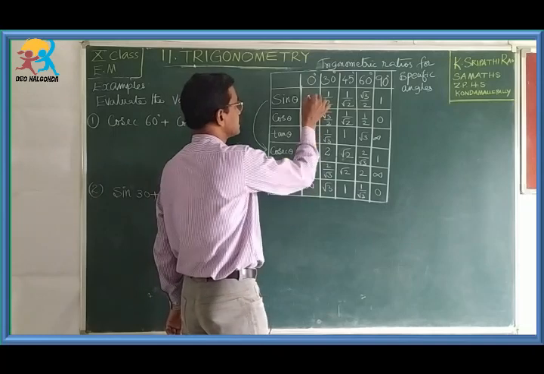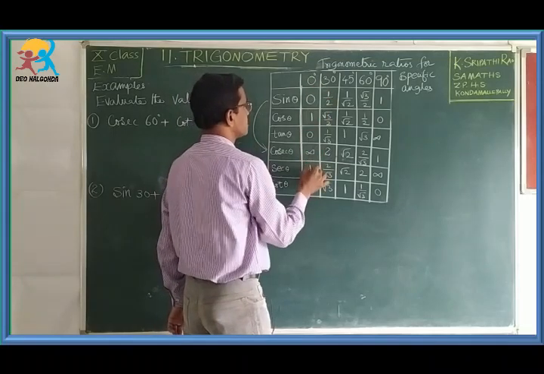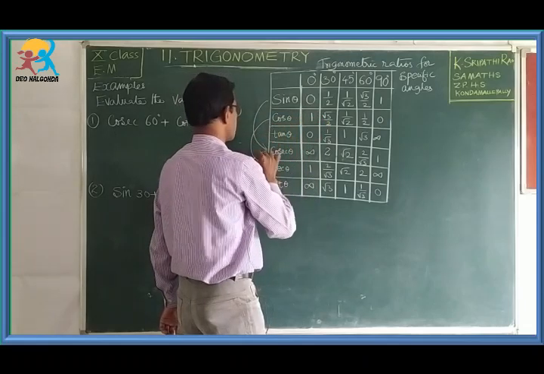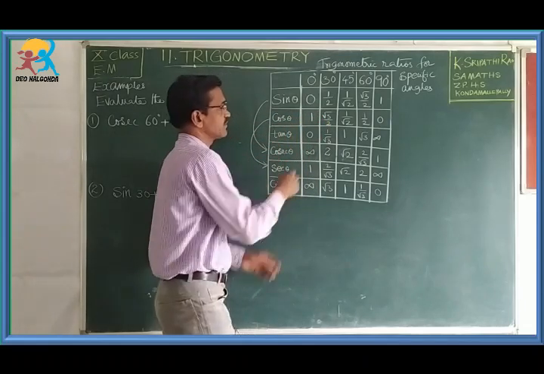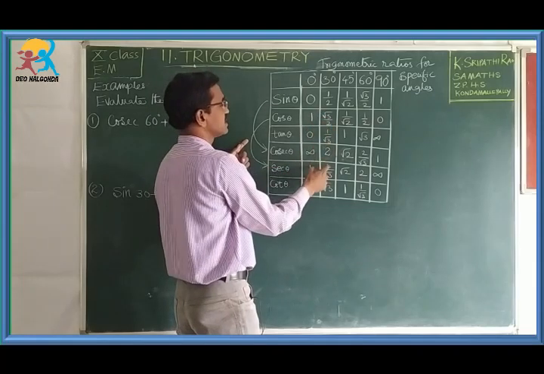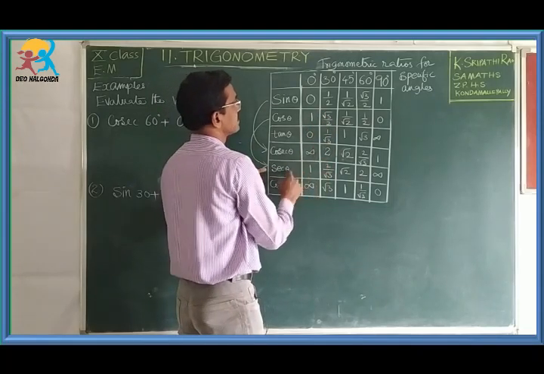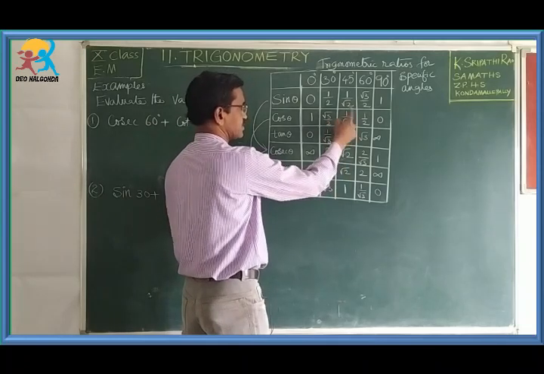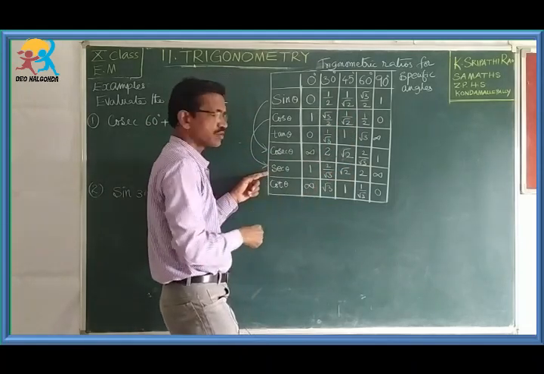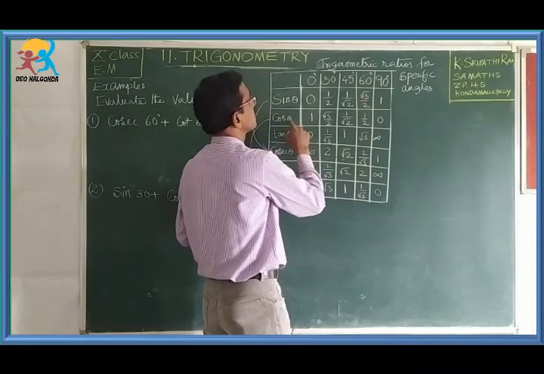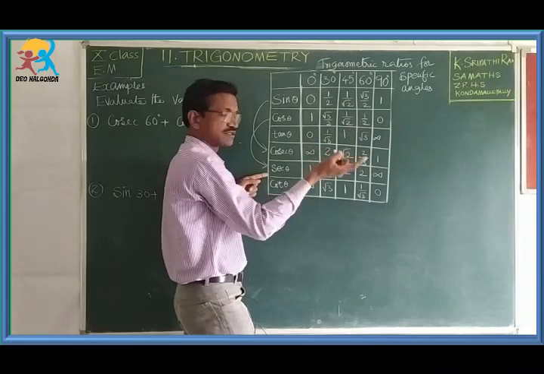Sec 0 is 1 by cos 0, which is 1 by 1, that is 1. The reciprocal of cos theta is sec theta, therefore sec 30 is the reciprocal of root 3 by 2, which is 2 by root 3. Sec 45: cos 45 is 1 by root 2, so taking the reciprocal gives root 2 by 1, that is root 2.